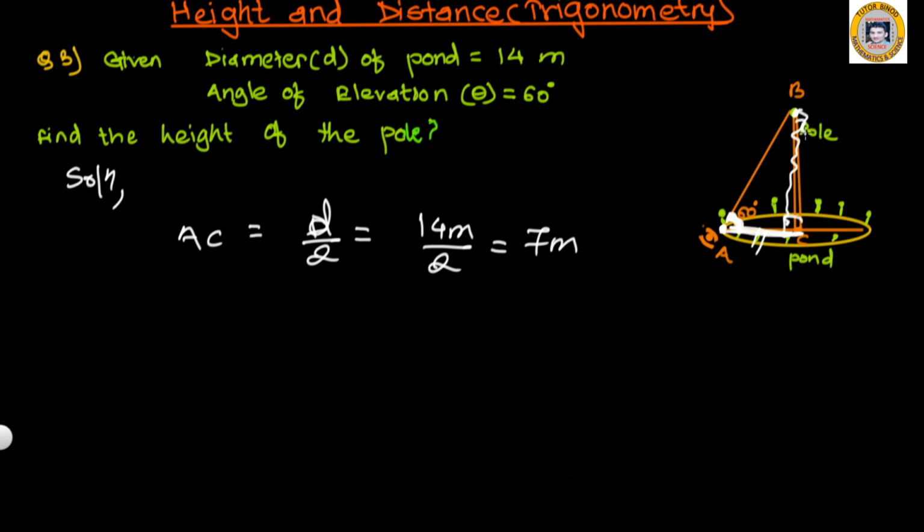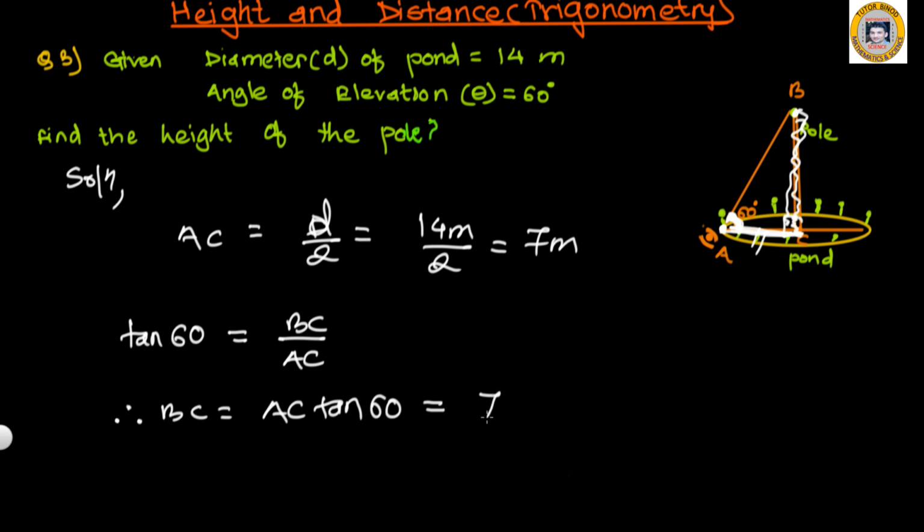I can find BC by using the tangent. So tangent of 60 degree must be equal to the perpendicular, which is BC, over our adjacent or base, which is AC. Let us solve for BC. I can get BC as AC tan 60.